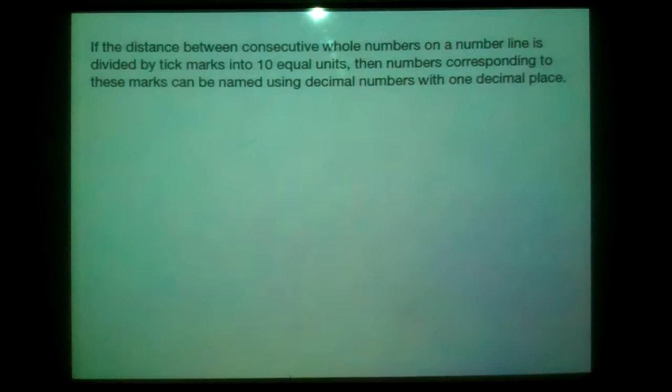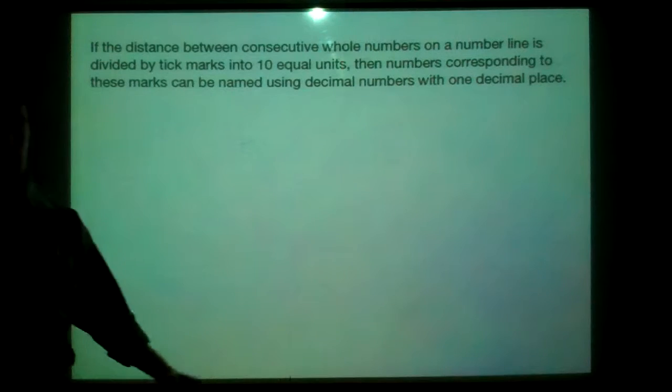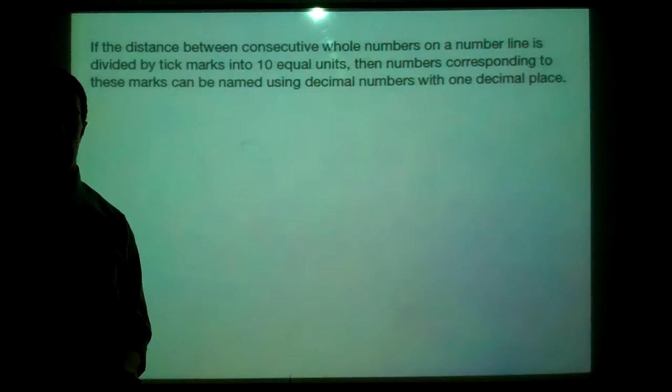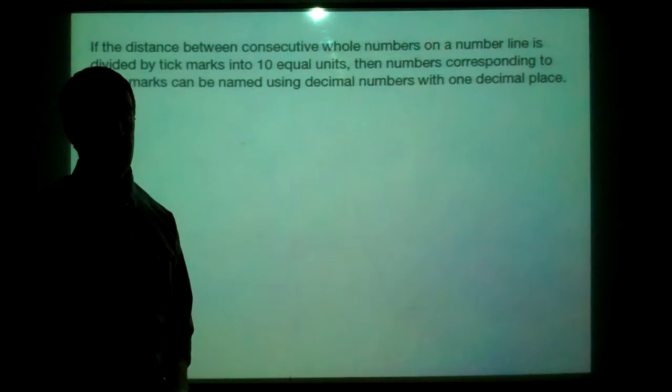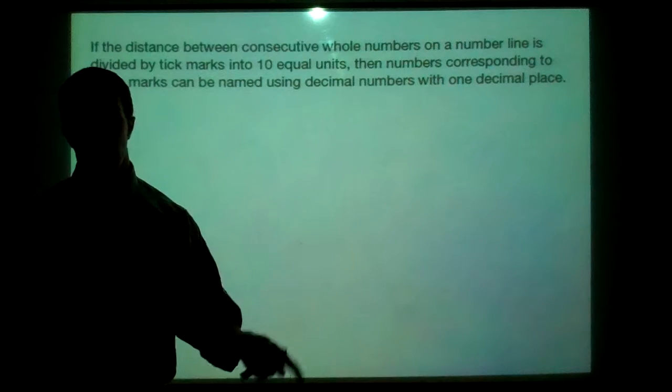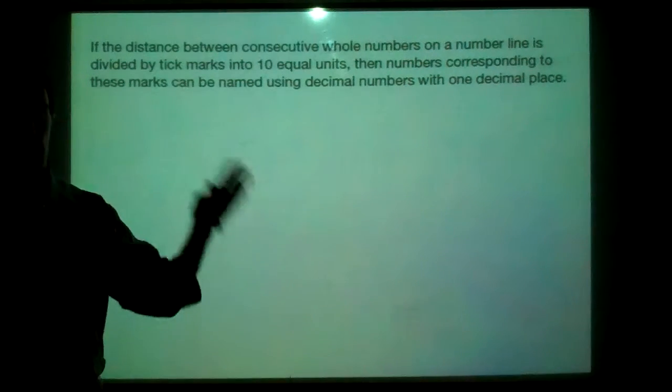Alright, to start off here. If the distance between two consecutive whole numbers on a number line is divided by tick marks into 10 equal units, let's stop right there. Between two whole numbers, let's say 1 and 2, we're going to put 10 marks in between. That would be like 2.1, 2.2, 2.3, 2.4, 2.5.